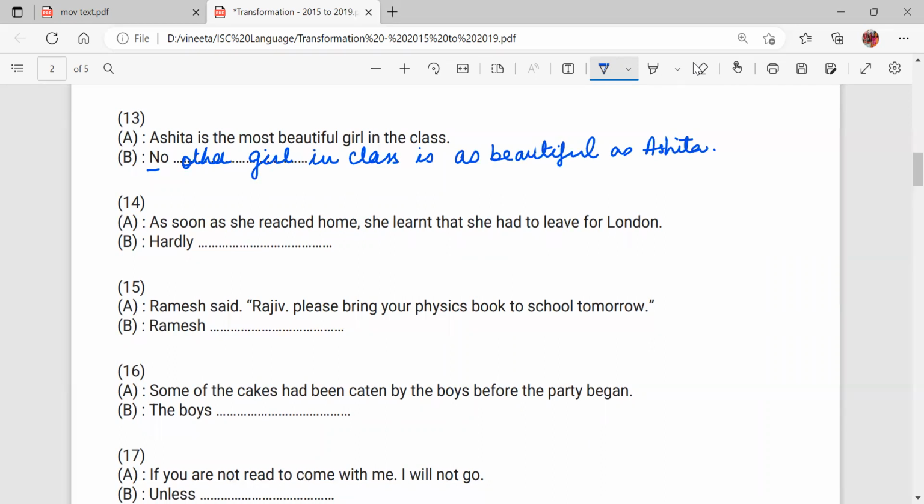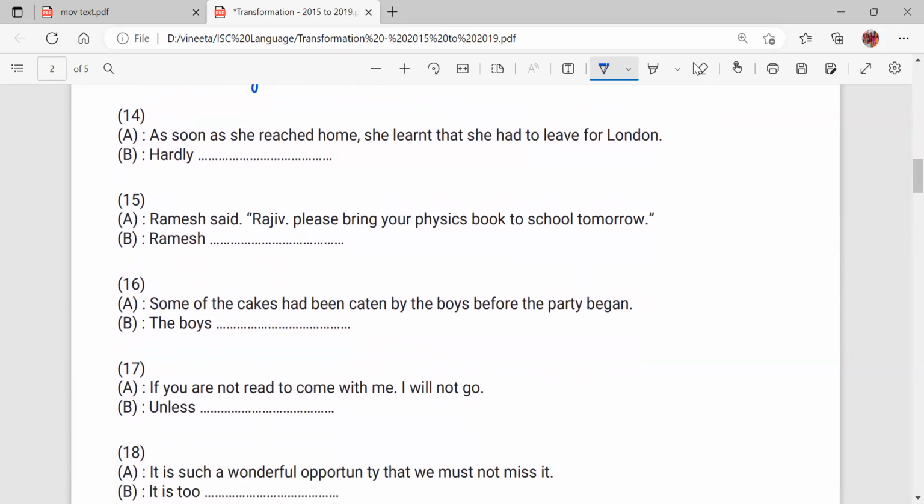Right? As soon as she reached home, she learnt that she had to leave for London. Now, again, see, here the sentence has to begin with "hardly". For "hardly", I always give this formula HHW. You use it for holiday homework. I say H is for hardly, had, and then W is for when. These three things are used when we begin the sentence with "hardly".